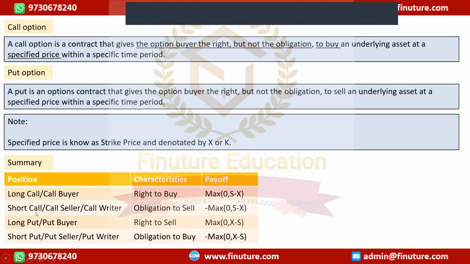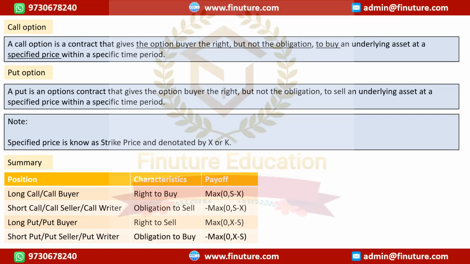But a very important point to notice is the short party, also called the call writer or option writer; the terminologies used are different. We call it a short call, seller, or call writer, and the writer or seller has an obligation. Very important: usually we tend to think that in options there is no obligation, but the short party in the option contract has an obligation.